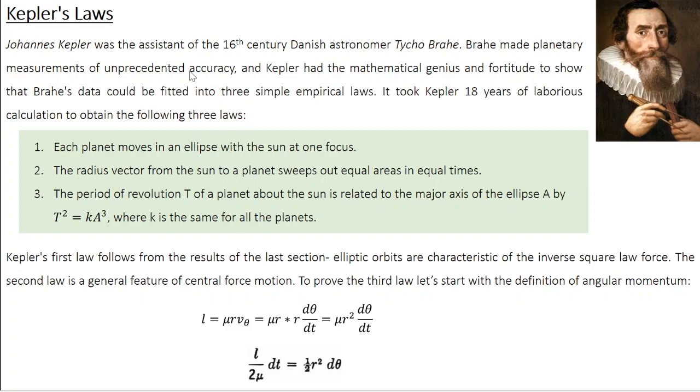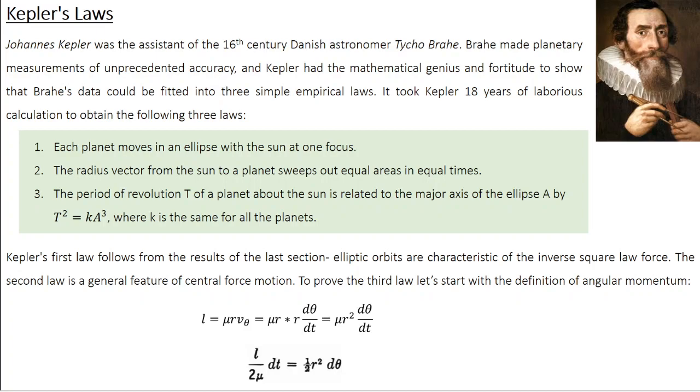Johannes Kepler was actually an assistant of another famous astronomer, a Danish astronomer known as Tycho Brahe. Brahe was an experimentalist and Kepler was a theoretical physicist. So Brahe made a number of experimental observations regarding planetary motion, and he was able to get experimental data with high accuracy.